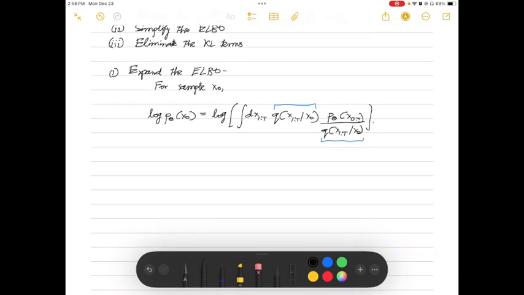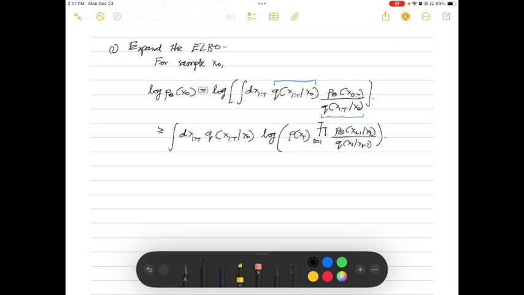Okay, now we can see that this is lower bounded by the integral over d x1 to T, q x1 to T given x naught, times the log of the probability of x_T times the product from t equals 1 to T of p theta x_{t-1} given x_t divided by q of x_t given x_{t-1}. So what did we do?